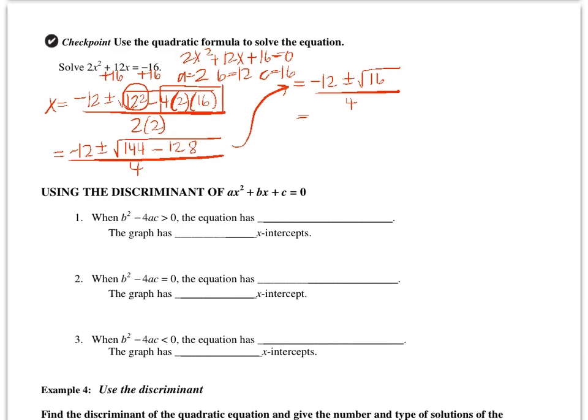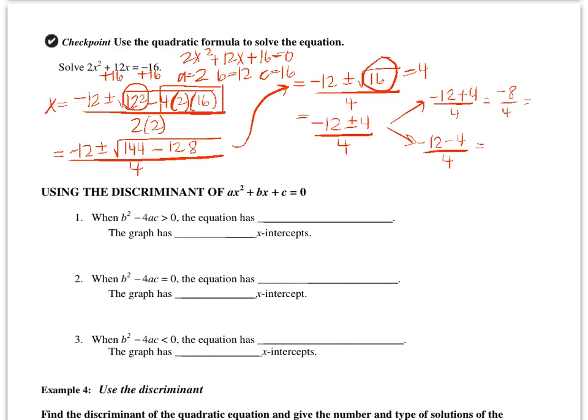Now the square root of 16, that's just 4. So when I look at this, I have negative 12 plus or minus 4 divided by 4. You can look at this in a couple of ways. I think the easiest way is to break this apart at this point. You could say negative 12 plus 4 divided by 4 and negative 12 minus 4 divided by 4. Negative 12 plus 4 is negative 8.